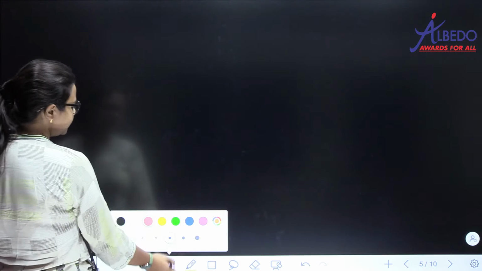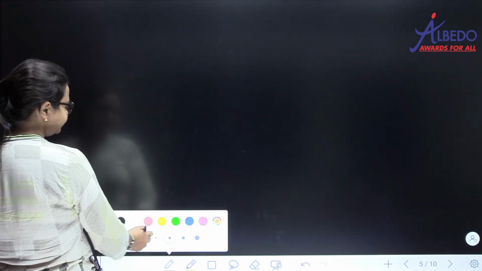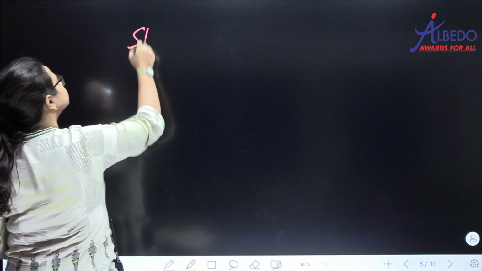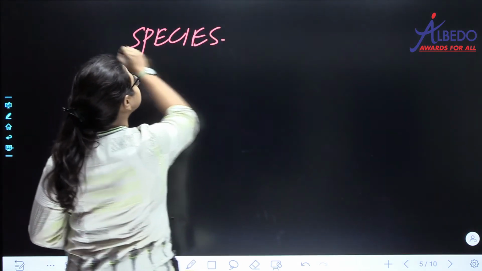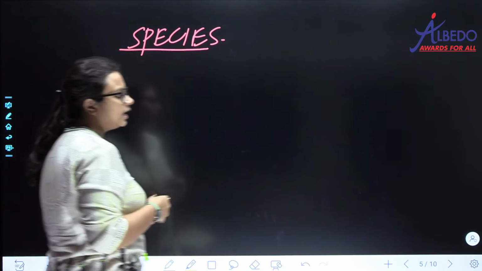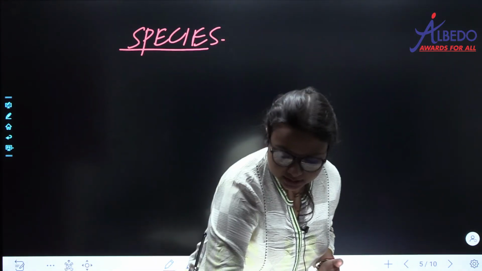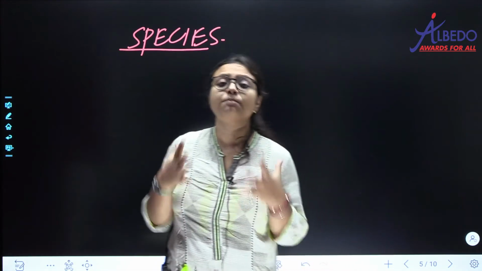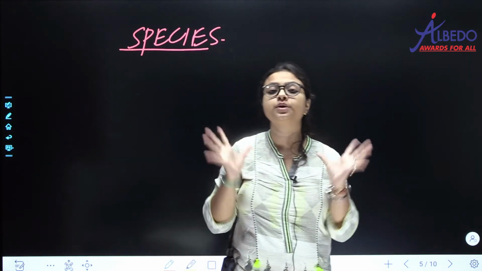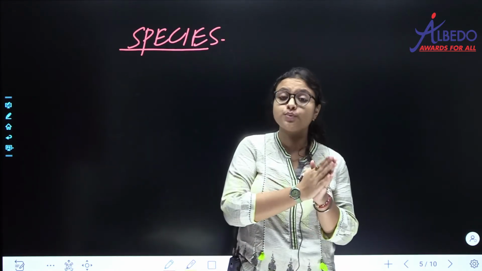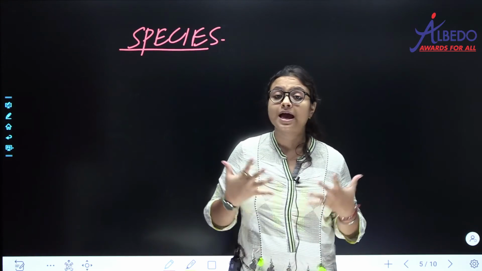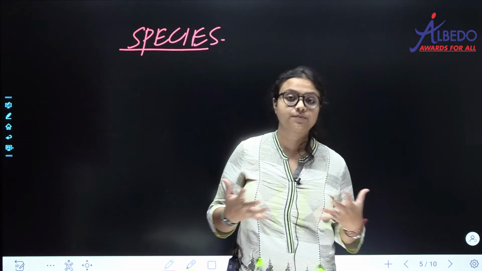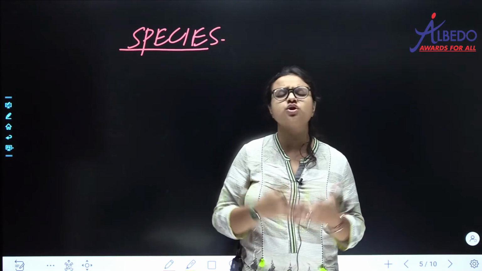What do you understand by species? We define species as a group of organisms which can sexually reproduce, which can sexually interbreed and produce fertile offsprings. This is the definition of species normally which we say.